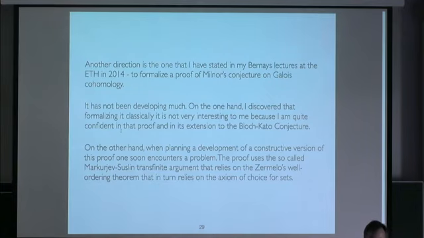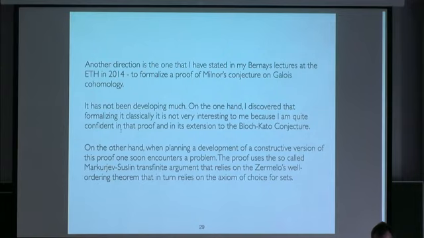On the one hand, I discovered that formalizing it classically is not very interesting to me, because I'm quite confident in that proof and its extension to the Bloch-Kato conjecture, and just taking it and formalizing it as it's written doesn't seem worthwhile at the moment. On the other hand, when planning a development of a constructive version of this proof, one soon encounters a problem. A constructive proof of this theorem is a much more interesting undertaking.